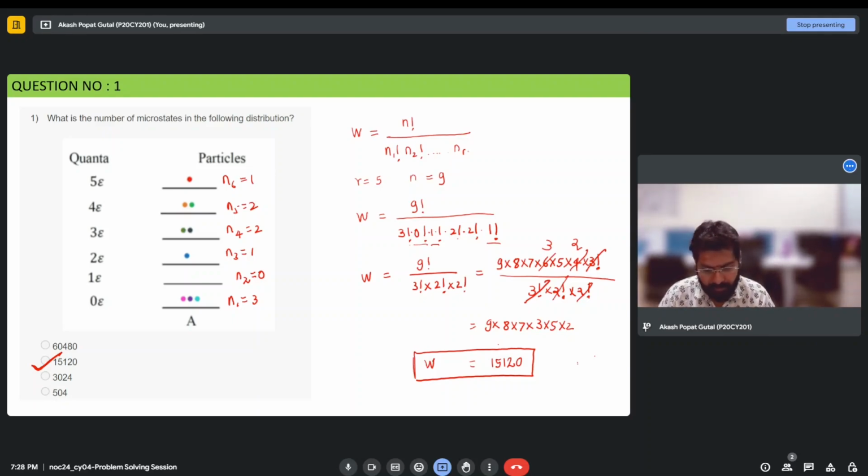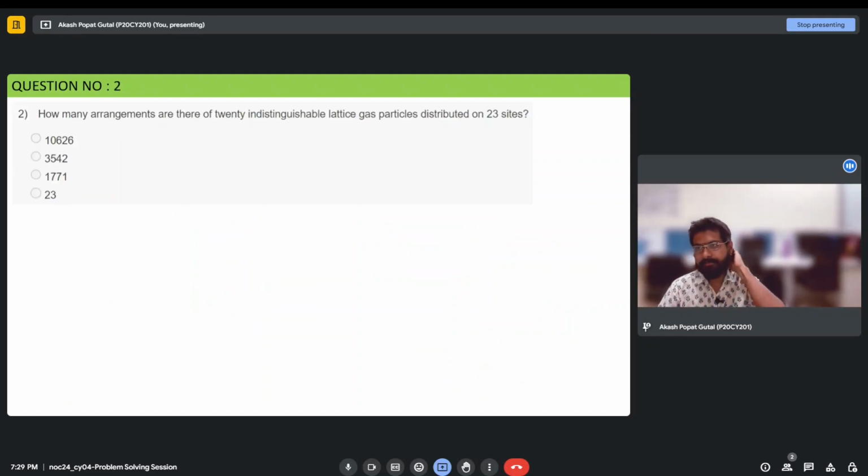Fine. So let's move towards the second question. Question number two. How many arrangements are there of 20 distinguishable lattice gas particles distributed on 23 sites?